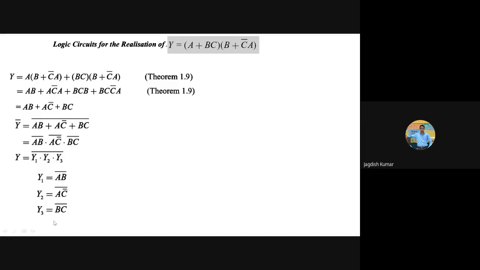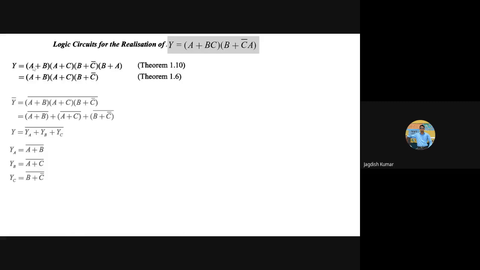If you have to obtain a NAND implementation, you begin from SOP and do something like this. If you have to implement everything using NOR gates, then you go to a product of sums expression and do similar things, and again use De Morgan's theorems.